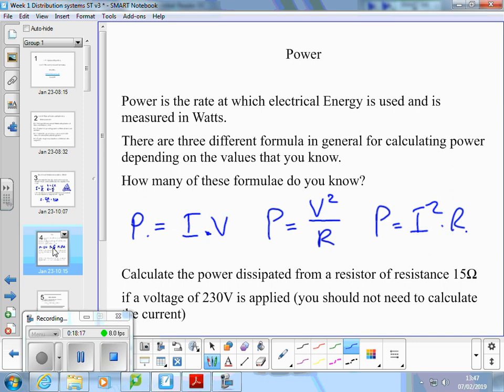There's one combination that won't allow you to do that. So it's worthwhile knowing these 3 formulae as well, because then you can always get the power if you know 2. And at this level you'd be expected to remember them. Yeah?